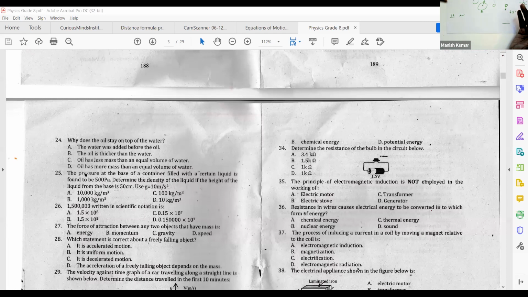B is not the right answer, because if it is a uniform motion, then it has to come down with the same speed. But have you seen that if you drop a ball from a greater height, it falls with a greater speed, right? So how do you know that it falls with a greater speed? Throw a ball, and if you throw it from a greater height, look at the bounce.